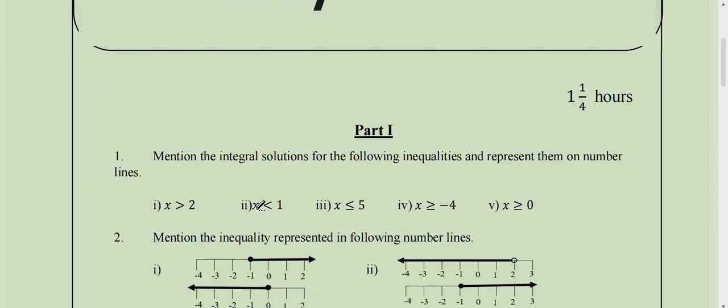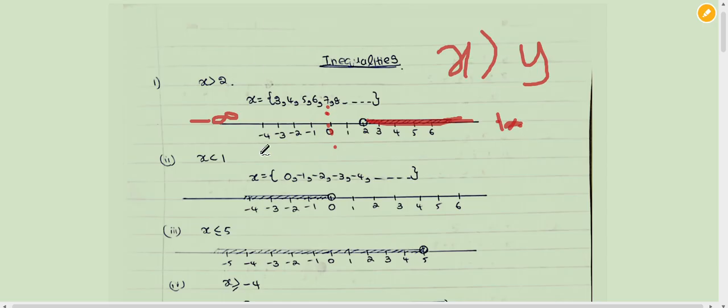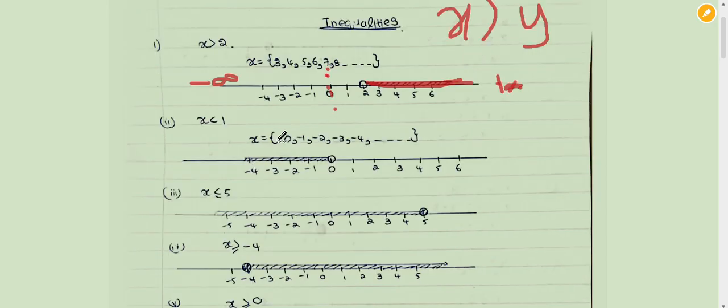And secondly, they ask about x is greater than or less than. This is less than, no? So this means x is less than 1. Okay, not the greater than. This is less than. So x is less than 1 means we can represent it like this. X is equal to 0, minus 1, minus 2, like that.